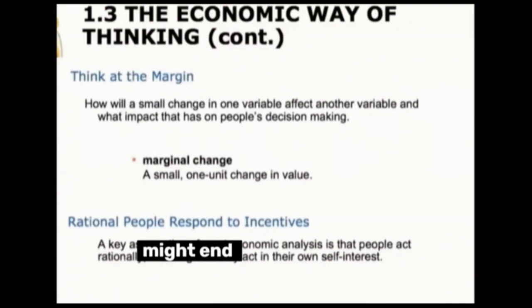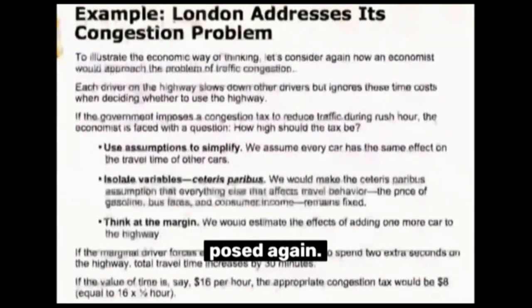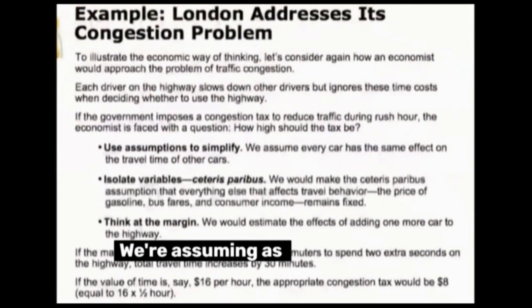Now let's look at how this economic way of thinking might answer the questions we would be posed. Again, let's look at the congestion problem. As an economist, how are we going to approach the problem of traffic congestion? Each driver slows down other drivers, but each driver ignores the costs that they're imposing on these other drivers.